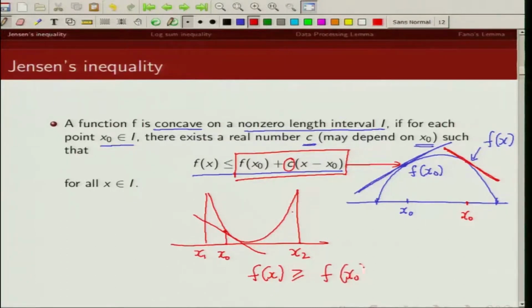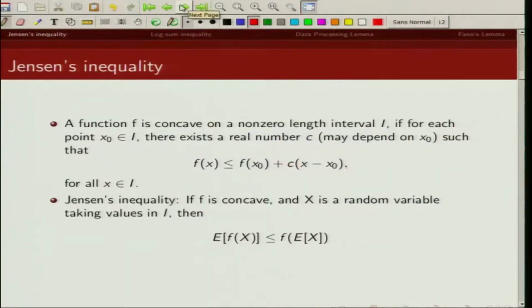This is the condition for the function to be convex, and the earlier one is the condition for the function to be concave.